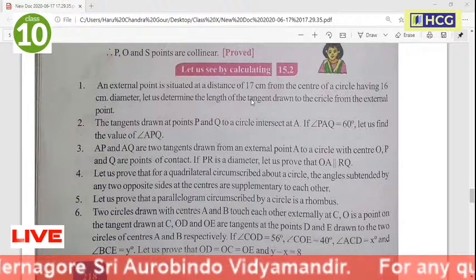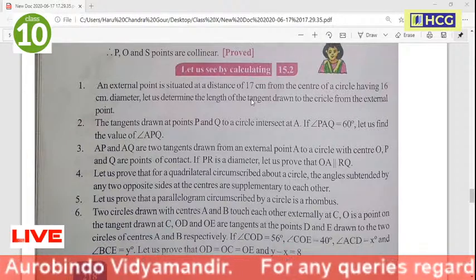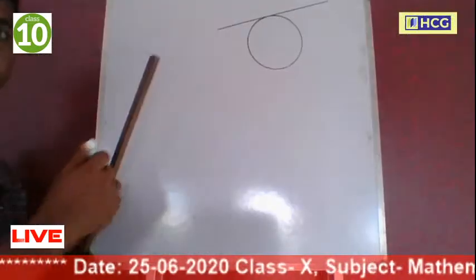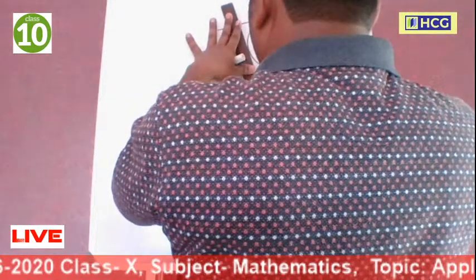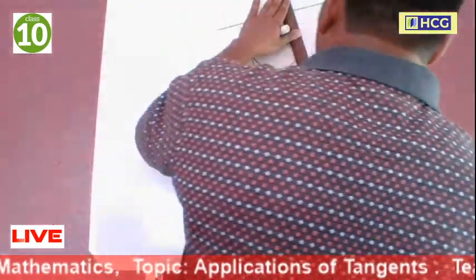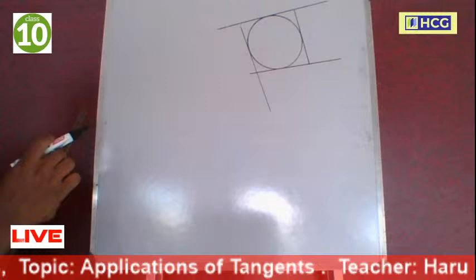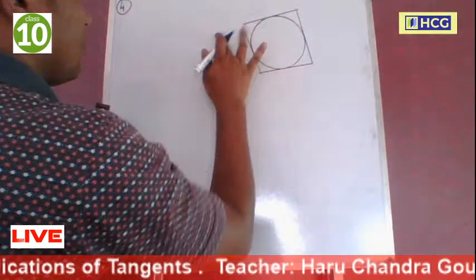Next, we draw a quadrilateral circumscribed about a circle. Now, question number 4. This is the center O.